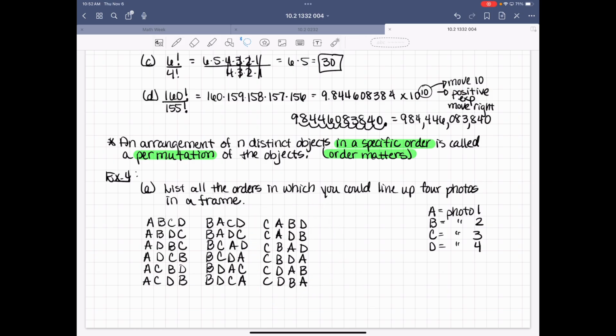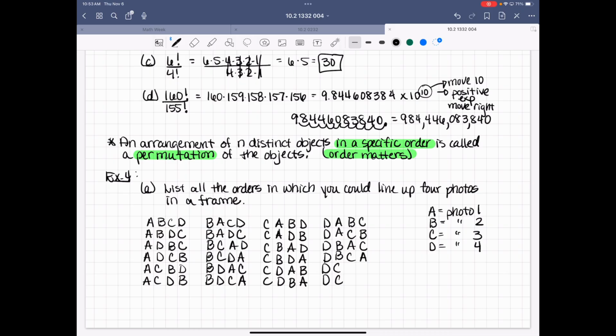Okay, and let's do our last one because it did ask us to list them all. I'm going to do an AA, BB, CC, BC, CB, AD, oh not AD, AC, CA.